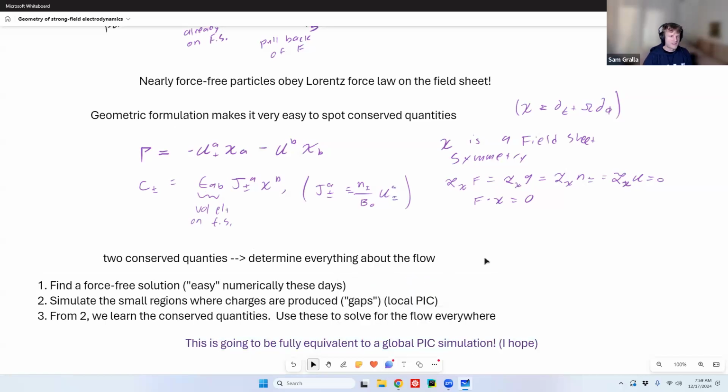So I did my best in an hour to teach you a bit about the basic physics of pulsar magnetospheres, show you how it results in a theory of plasma physics that is way simpler than any other theory of plasma physics, tell you a bit about the geometric picture, and show you how we're using that to really formulate a new approach to modeling actual pulsar and black hole magnetospheres that I think will have significant computational advantages. Thanks for your attention.